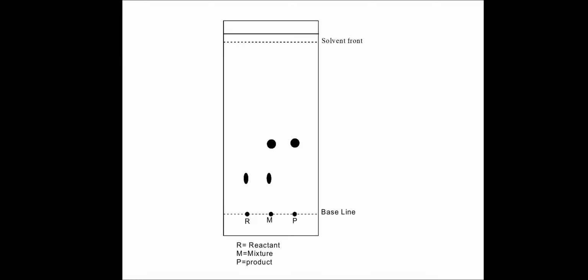At the center we have the spots of the mixture. In that central lane we can see a clear separation of the reactant spot and product spot from one another, and at the top we can see the solvent front line, up to which the solvent has moved from the baseline.